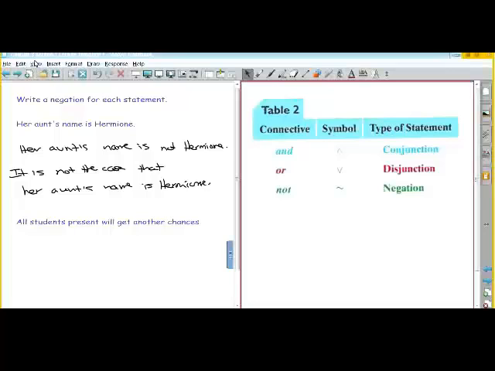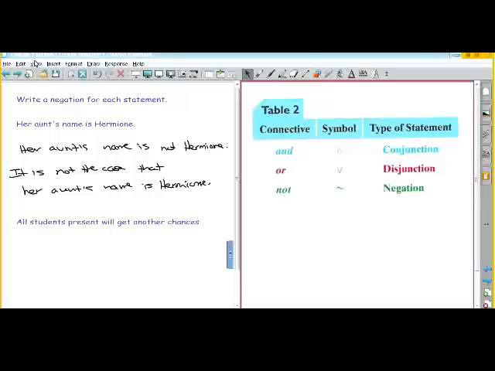They have special names too. A compound statement with two statements connected by an and is called a conjunction. A logic statement connected by an or is a disjunction. And a statement that is negated is called a negation.